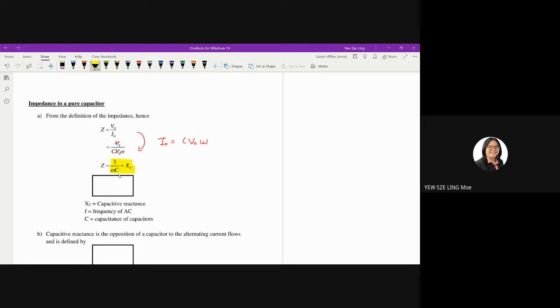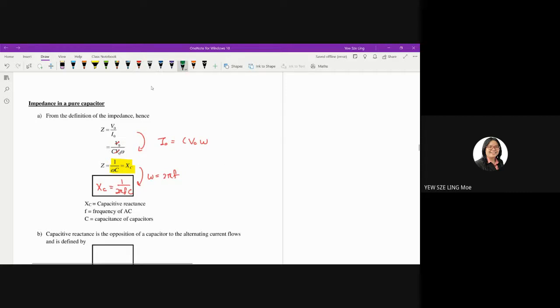So in a pure capacitor circuit, you can calculate the impedance by using V naught over I naught, and of course V RMS over I RMS. But at the same time, it is also equal to XC. Because omega equals 2 pi f, XC can be written as 1 over 2 pi f C as well. So how many methods can be used to calculate XC and Z?